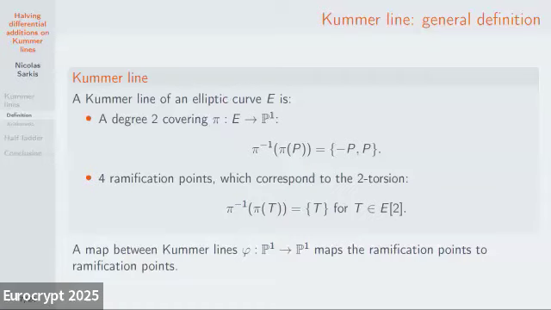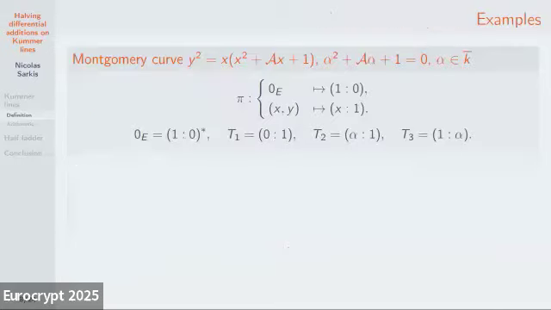Also, when we consider maps of Kummer lines, we want the ramification to be respected when you have such a map between Kummer lines. So just a few examples. With the x coordinate, it is the same curve as before.